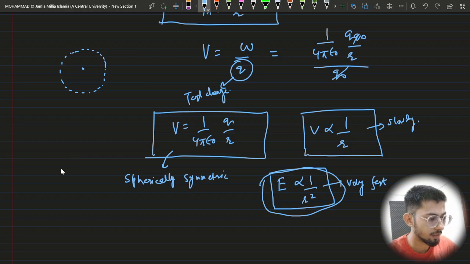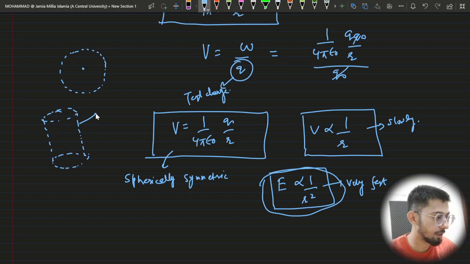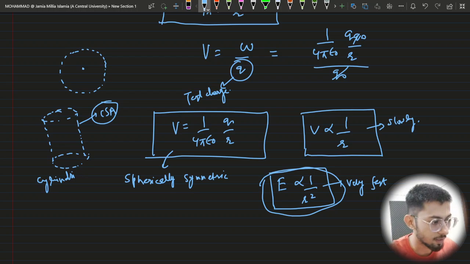There is cylindrical symmetry also. Cylindrically symmetric means at all points on the curved surface area of the cylinder, something can be the same. We will also study this. It will come up midway while we study electric field due to a dipole and electric potential due to a dipole.